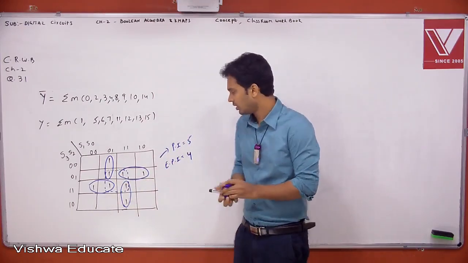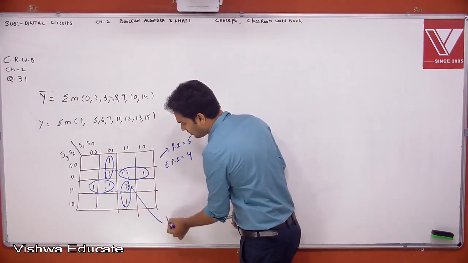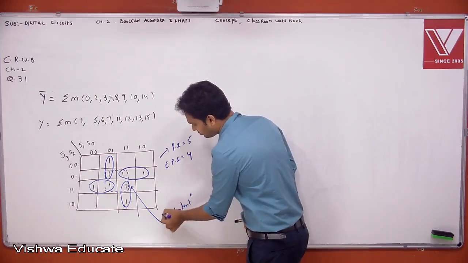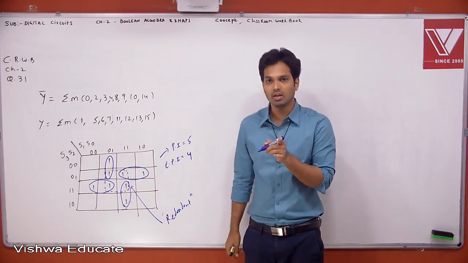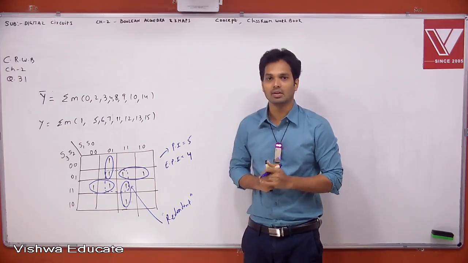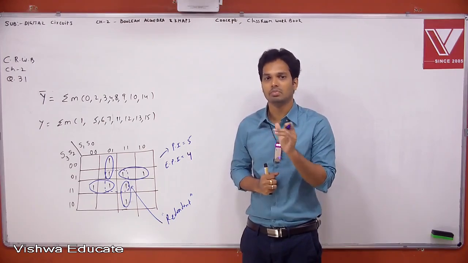One important point is, when will we say a particular grouping is redundant? A particular group is said to be redundant when all the minterms in that grouping, or all the implicants in that grouping, are already covered by some other essential prime implicants.